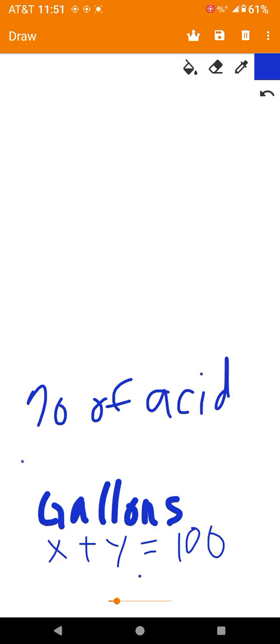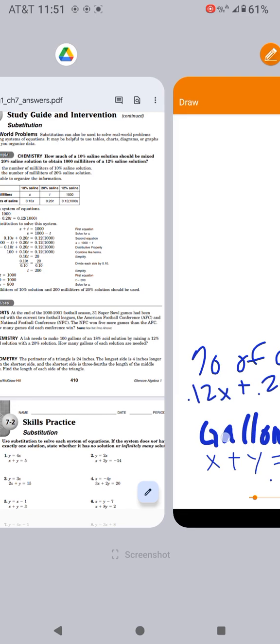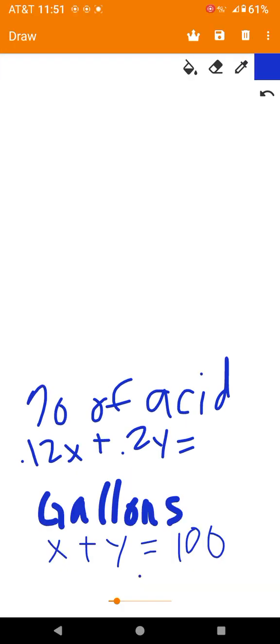We know that one was 12%, so that'll be 0.12x. One was 20%, so we can do 0.2y equals, I think it was 18%, 18% of the 100.